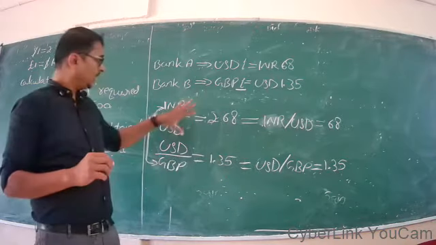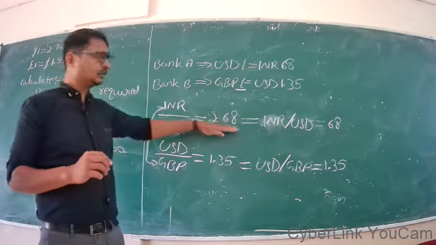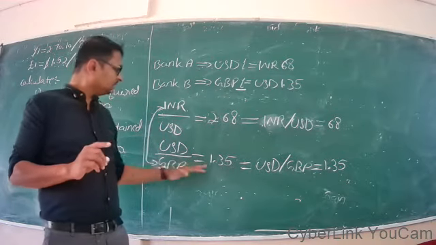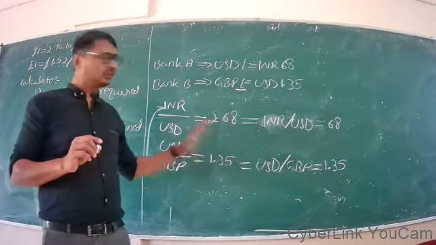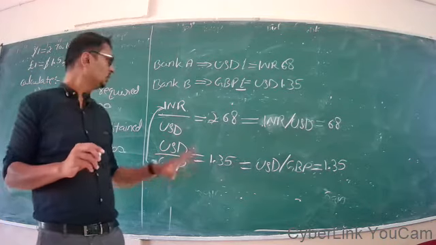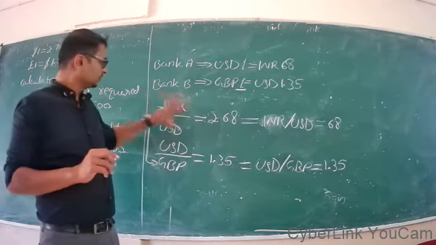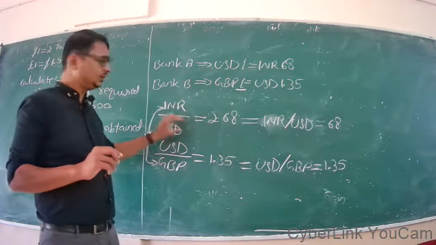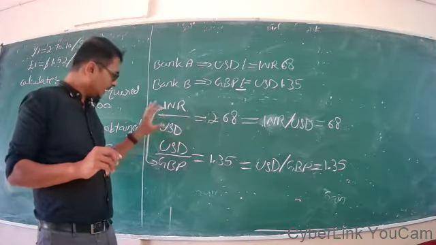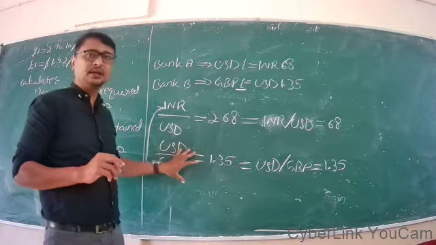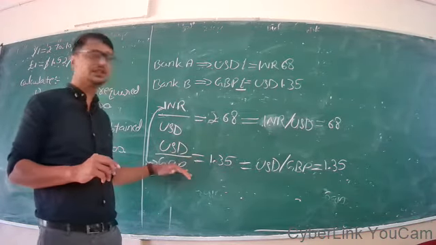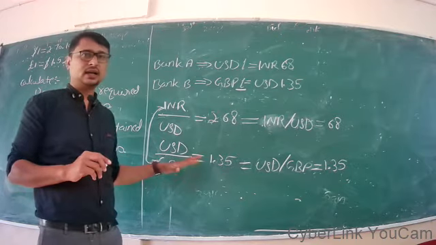So 1 US dollar is rupees 68. 1 GBP is worth 1.35 US dollars. Now I have to pay rupees in Bank A and buy US dollar, and again I have to go to Bank B, and by paying US dollar I can acquire GBP, Great Britain pound, right?